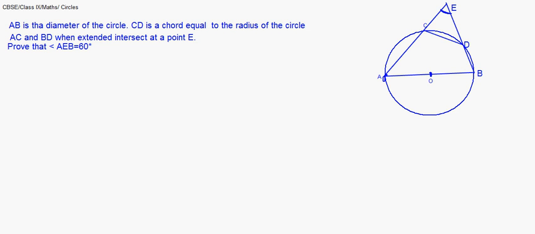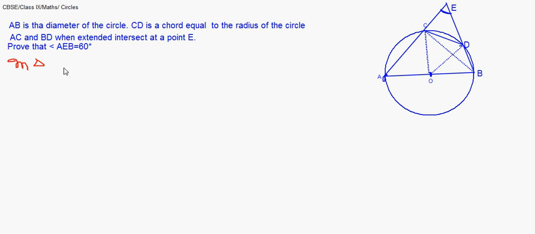Now let's get into our proof. To do so, we'll be joining OC. We also need to join OD. We also might need to join BC. Now look at the triangle OCD. So I write the proof here.